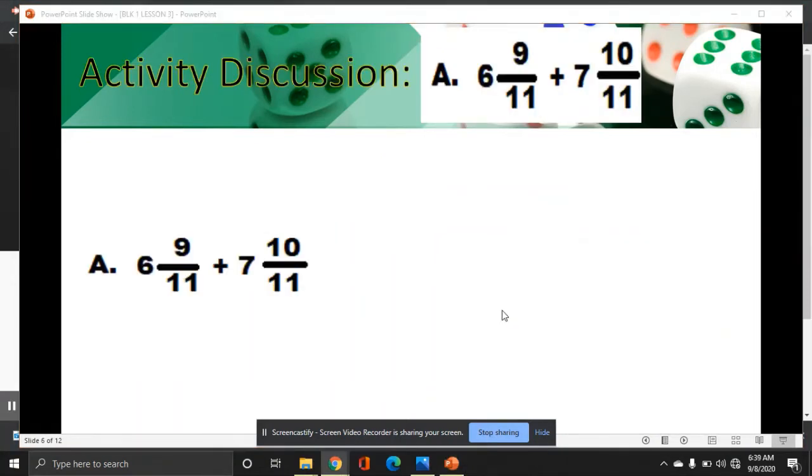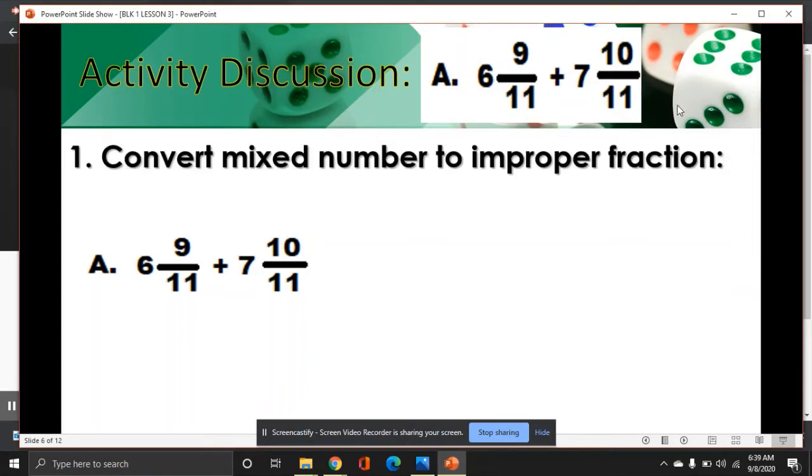Okay, so in letter A, first we need to convert mixed numbers to improper fractions. By how? If you still remember in grade 5, I taught you how to convert a mixed number into an improper fraction and convert an improper fraction to a mixed number.